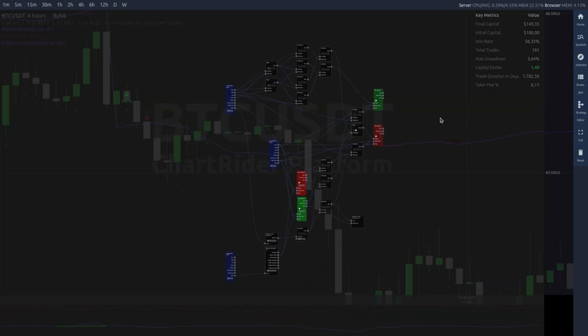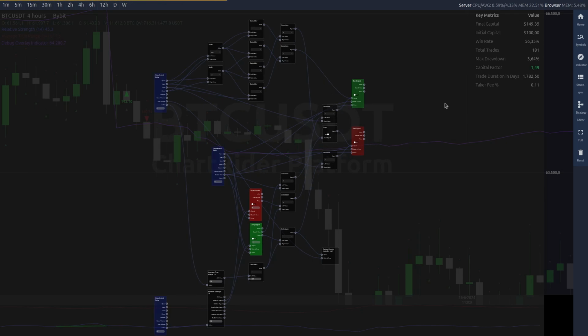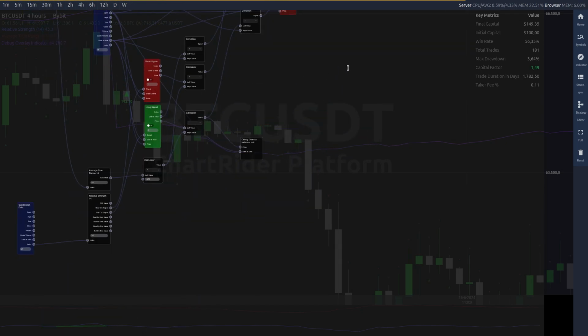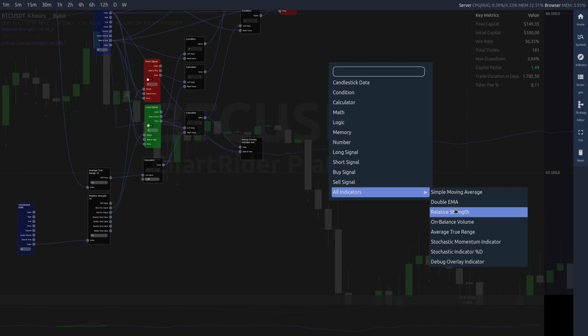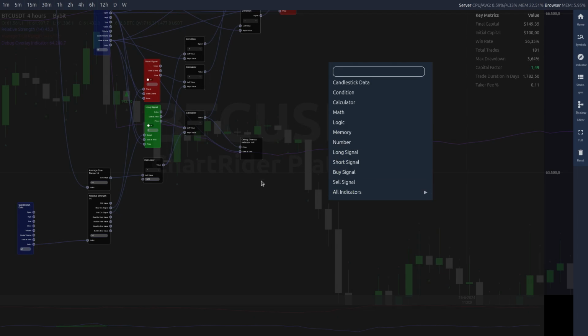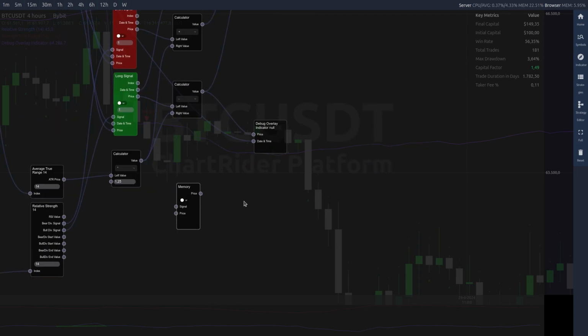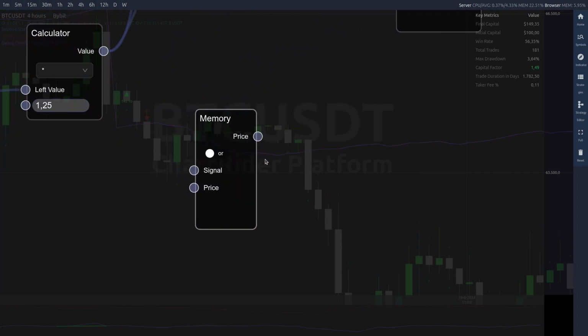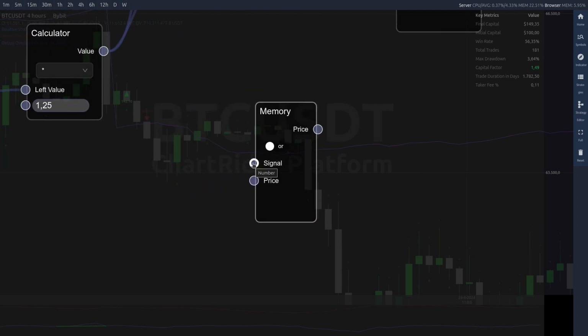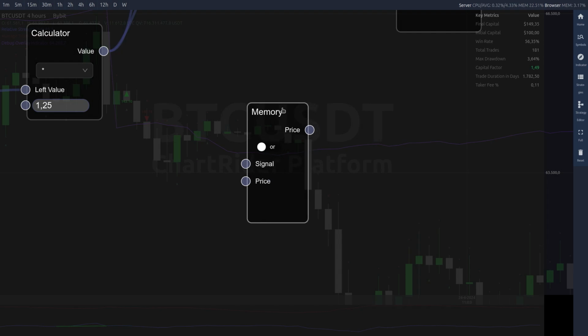What's going on now is I made another node, a memory node. At a given moment, at a signal, this memory node records a price, and you can retrieve the price at any time after the event.